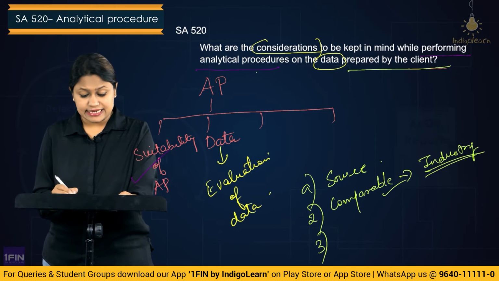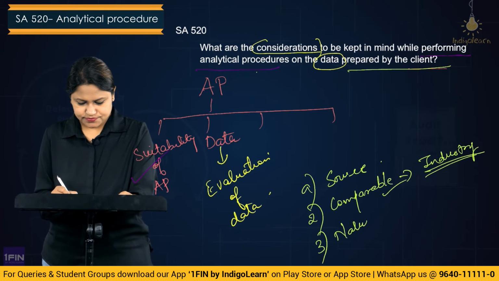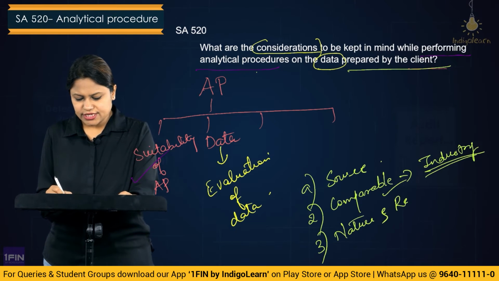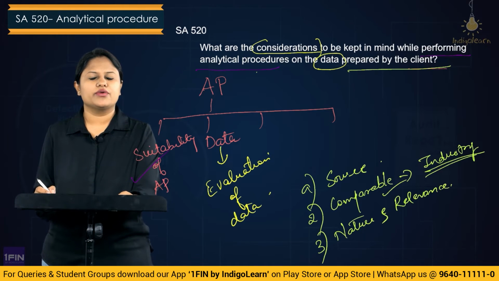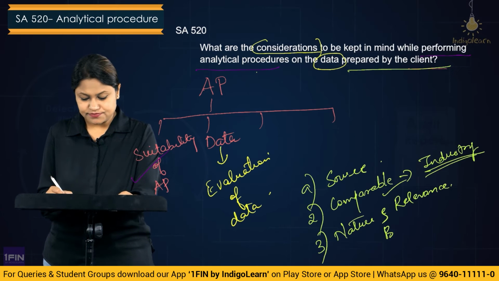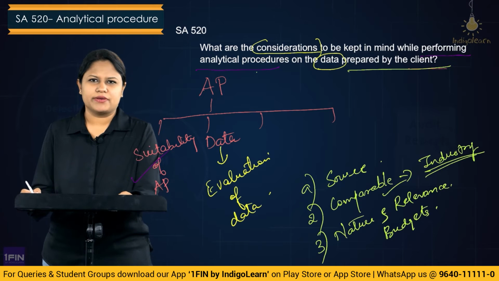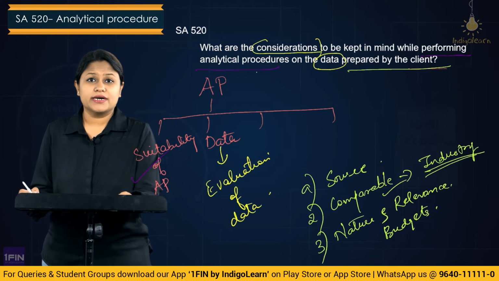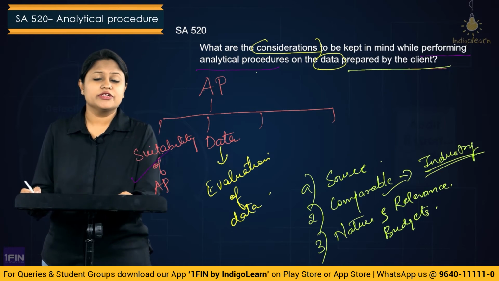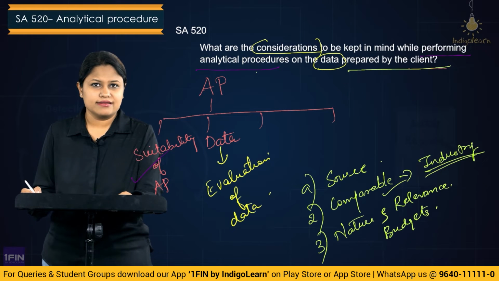Third you talk about is the nature and the relevance of data. For this, if you remember, we have done a very good example regarding budgets. Okay, now realistic budgets would be comparable budgets, or budgets which are only a dream, will those be comparable? Obviously realistic.